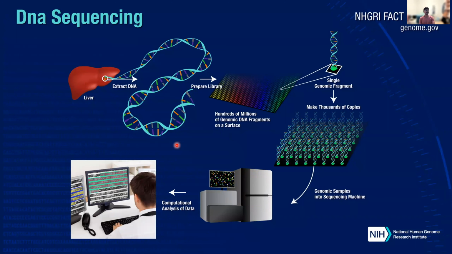Because I told you that this is a long molecule which is stored inside the nucleus of the cell, and each cell in the body has a copy of the DNA. Now this figure, which I just copied from the National Human Genome Project, shows that from a living tissue, in this case the liver, you get some tissue or blood, and then you apply some chemicals to break the nucleus and get the DNA outside.